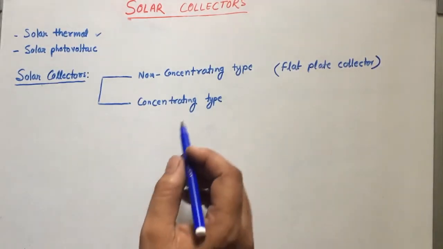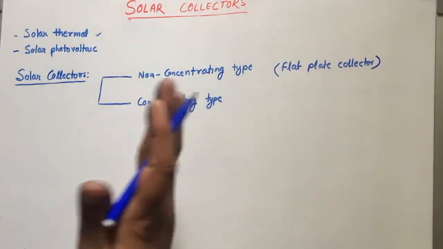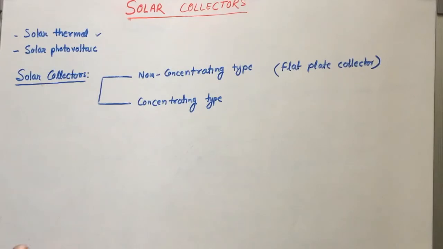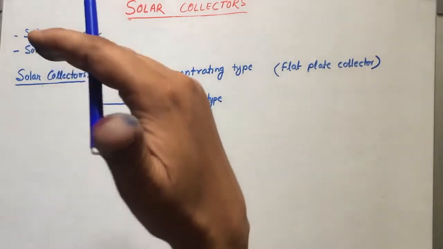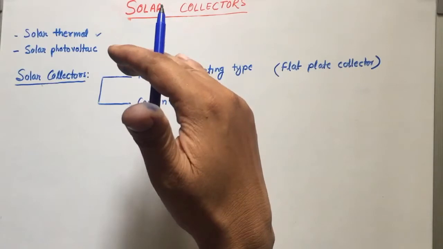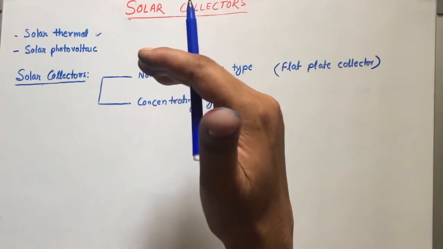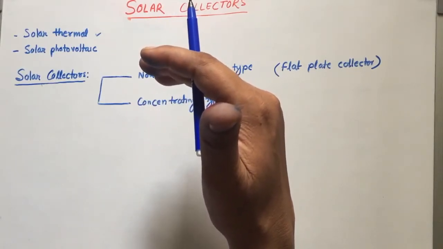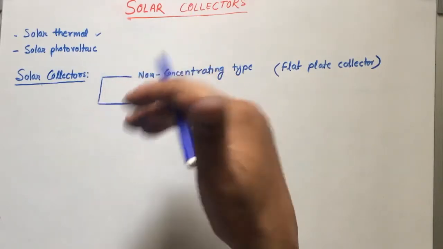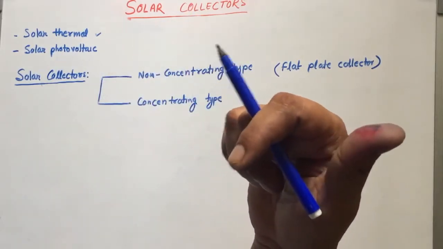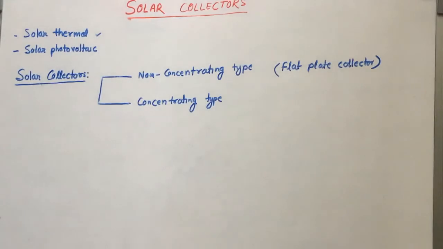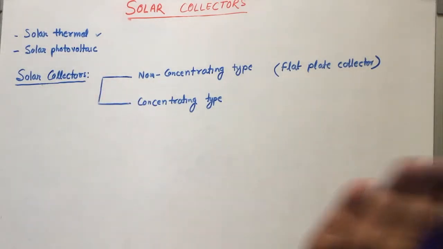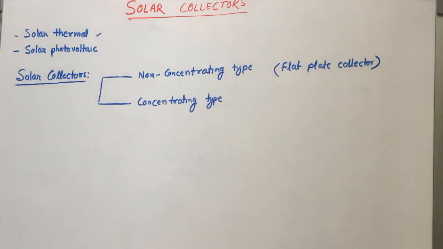And in concentrating type, the radiations coming from the sun are not very dense, and if we require high temperature applications, then high power density is required. To increase the power density in the radiations, we are concentrating those radiations from a large area to a small area.